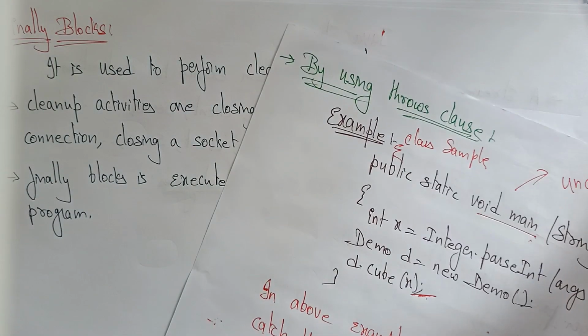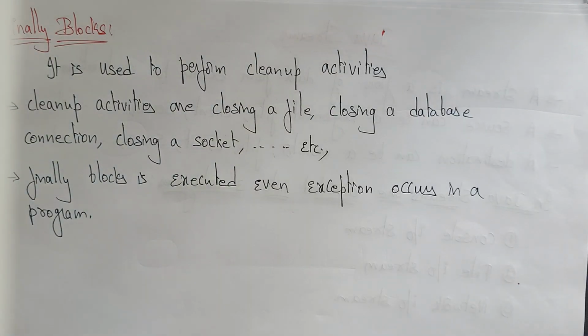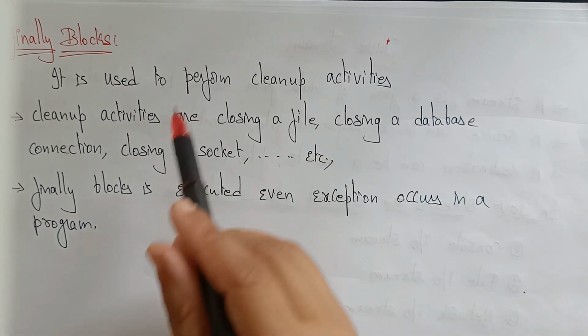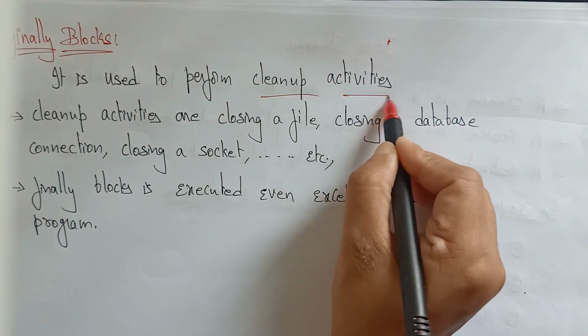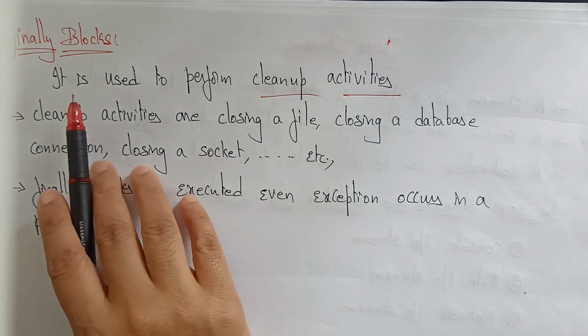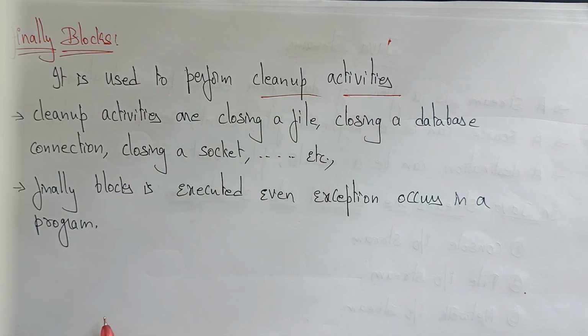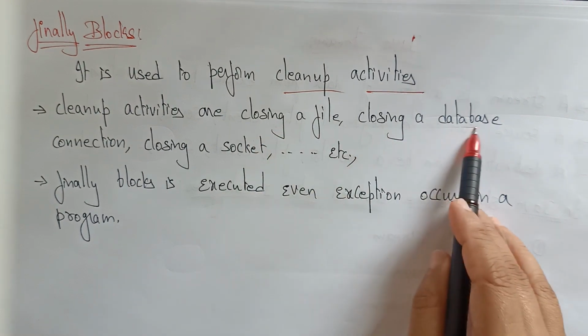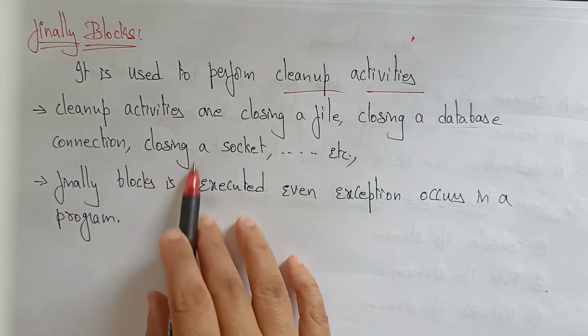So what is the finally block, and what is its use? The finally block is used to perform cleanup activities, and other than that we are not doing any work in it. The cleanup activities are closing a file, closing database connections, and closing a socket.